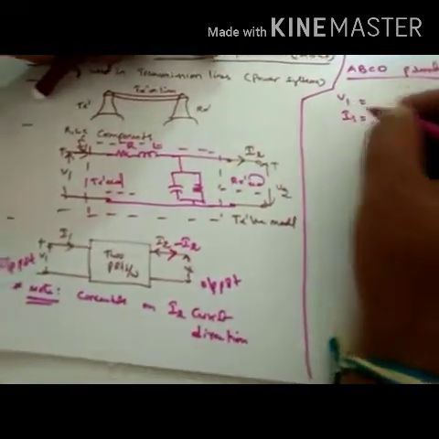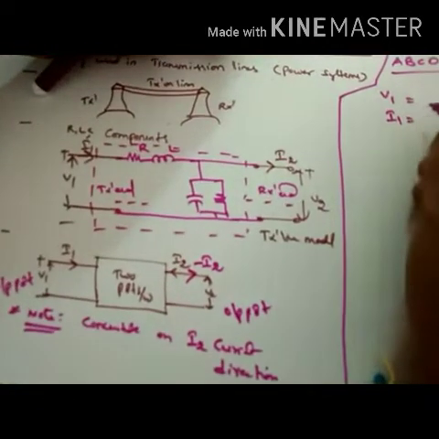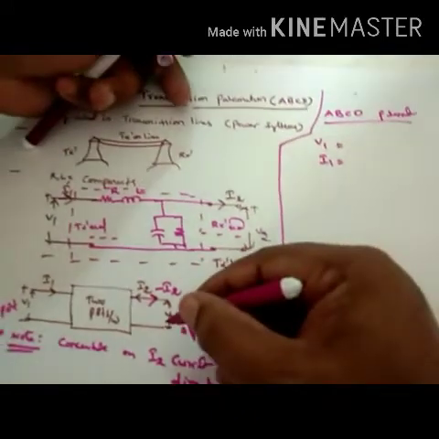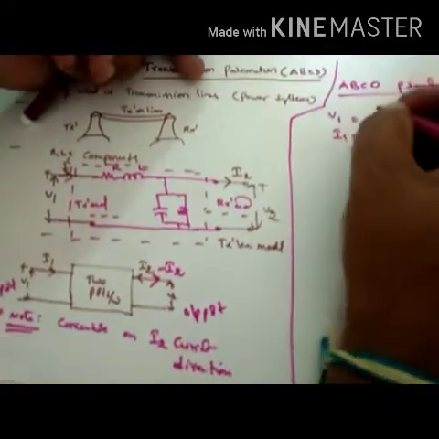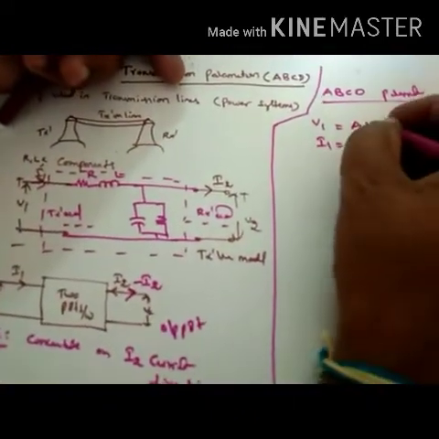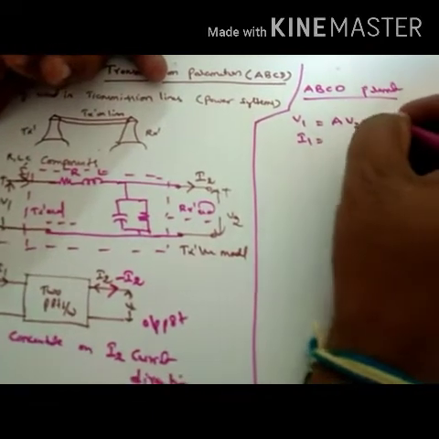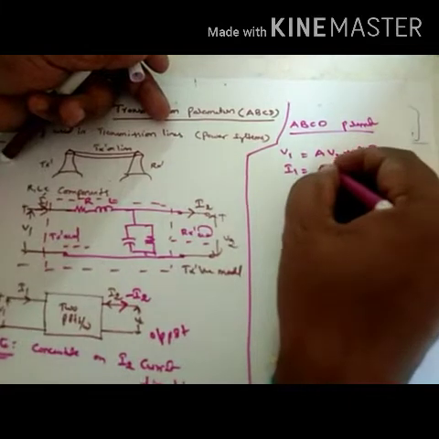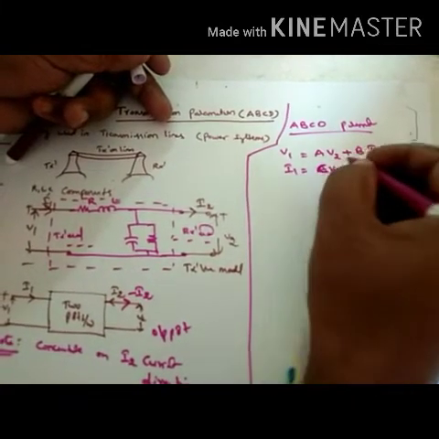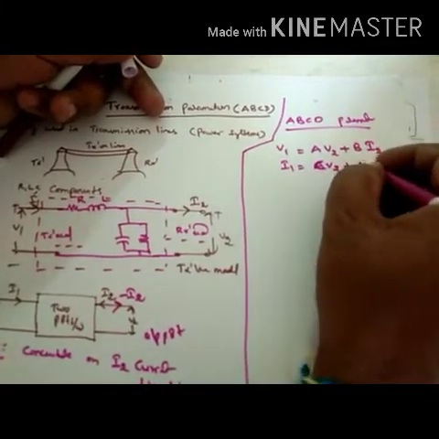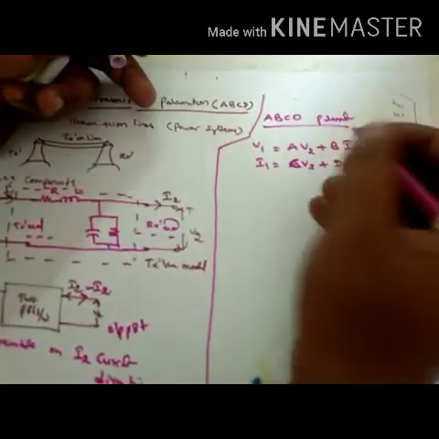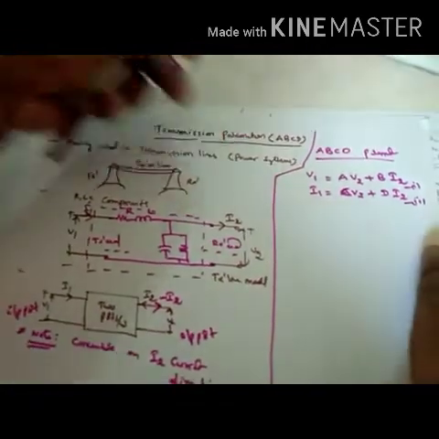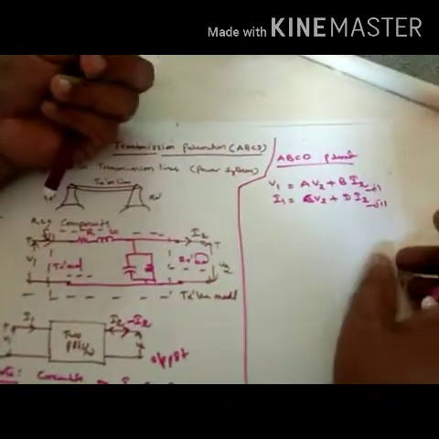Port 1 input voltage and input current are completely described in terms of port 2 voltage and current. So V1 is A into V2 plus B into I2. Similarly I1 is C into V2 plus D into I2. These two are equations used in transmission lines.